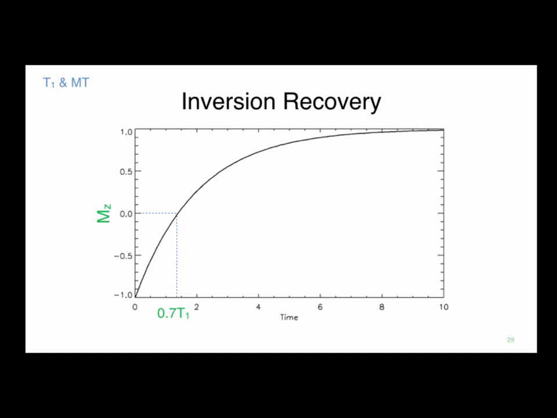This is frequently used to suppress one particular spin species, like in a FLAIR sequence. If you time it such that, for example, the free water crosses 0 here, other spins that relax faster already have a higher magnetization. You can selectively image one of your spin species in your sample.